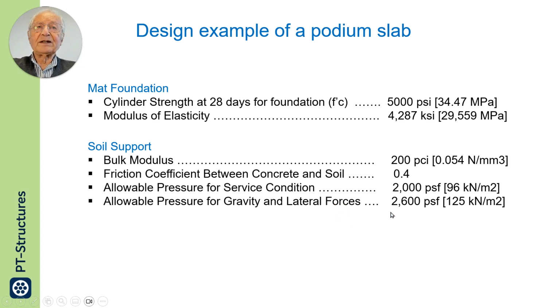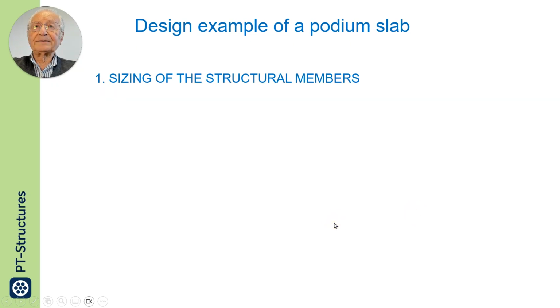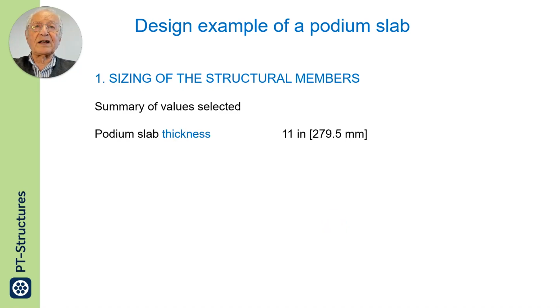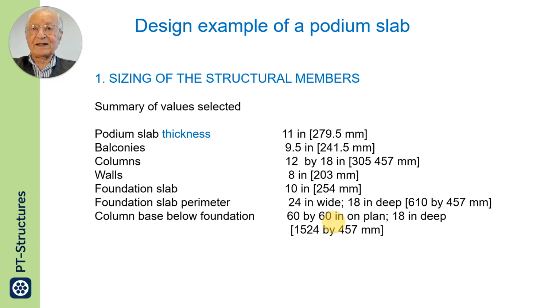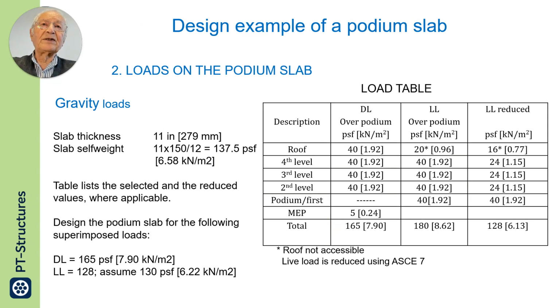For gravity, axial on the soil 2.6 KSI. Now we are still in sizing of the members before going to the design, and I write the summary of what was selected here in this image that I just closed.